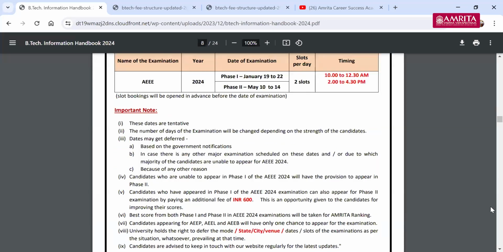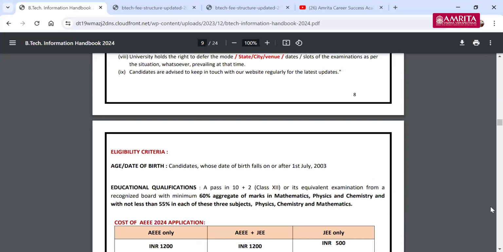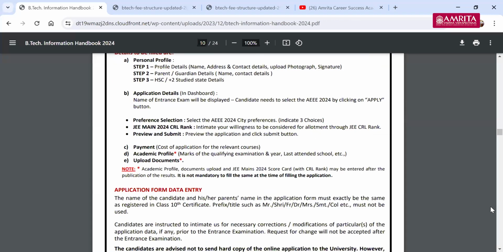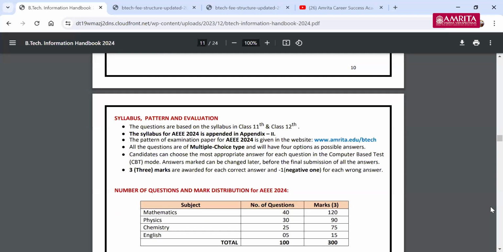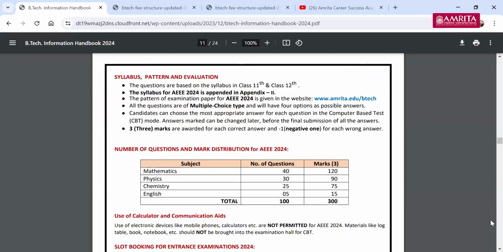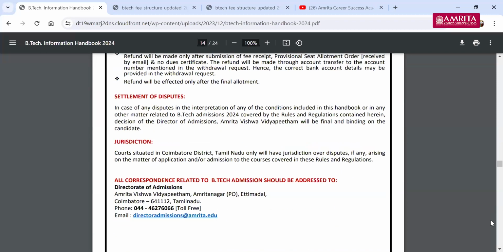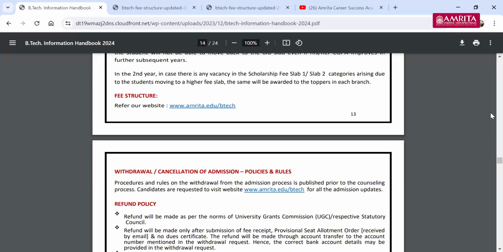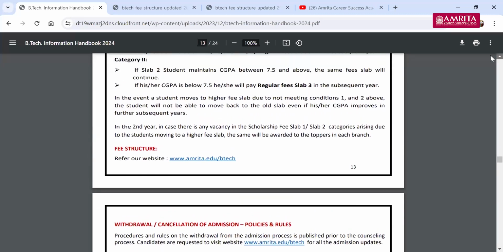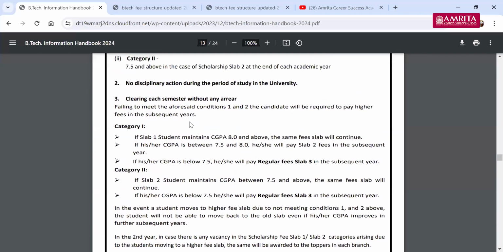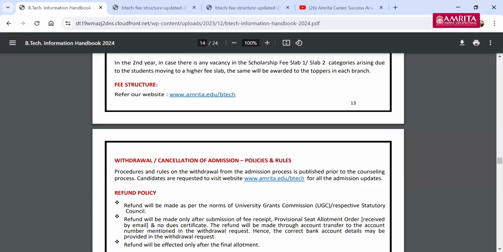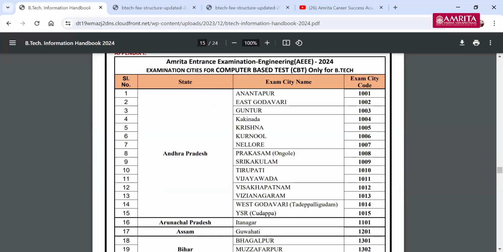Even the question paper format, the fees, the ranks, the counseling allotment, all the details are here. There are also criteria for continuing the fee structure in the second year, third year and so on. That criteria is given in this document. Now the return policy, everything is here.